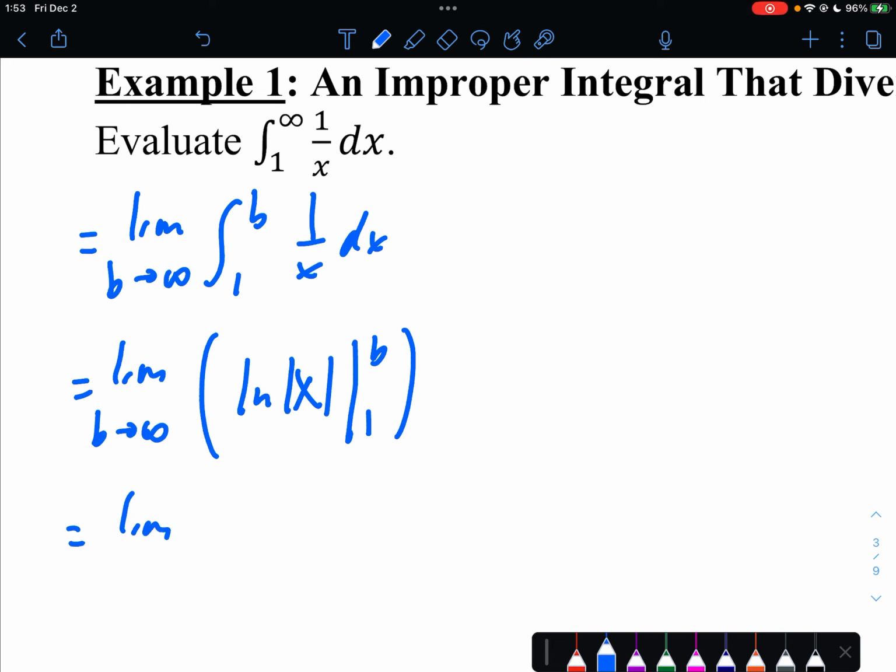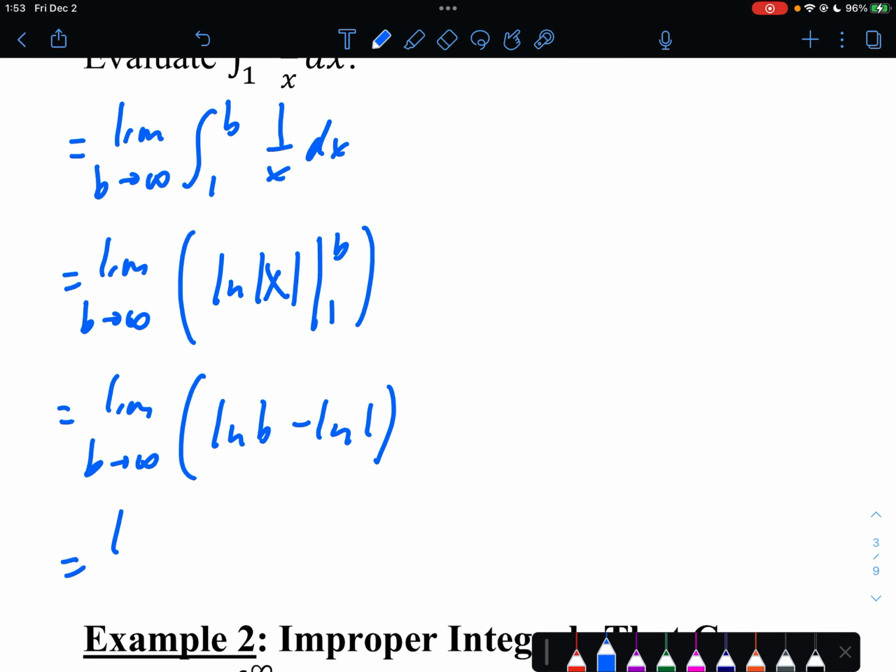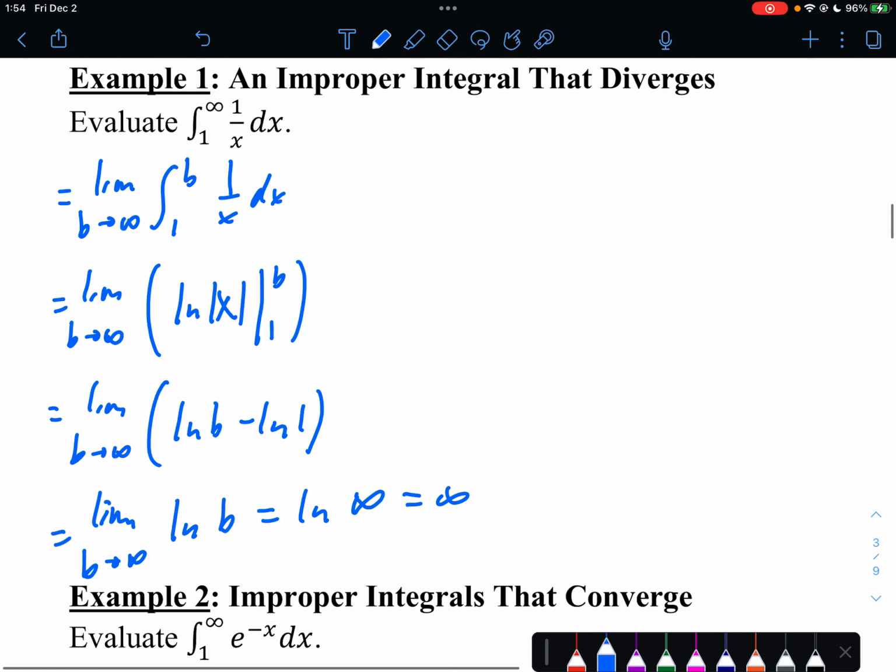That's the limit as b approaches infinity of ln b minus ln 1. ln 1 we know is 0, so it's the limit as b approaches infinity of ln b, which is the natural log of infinity, which is going to go to infinity anyway, right? So that's why we say it diverges. It does not go to some constant number that it's getting closer and closer to.